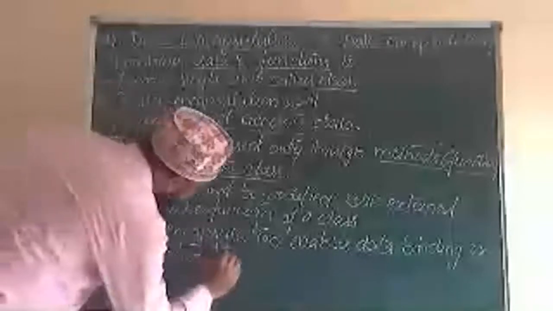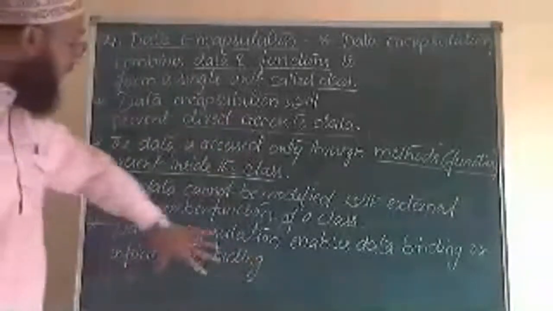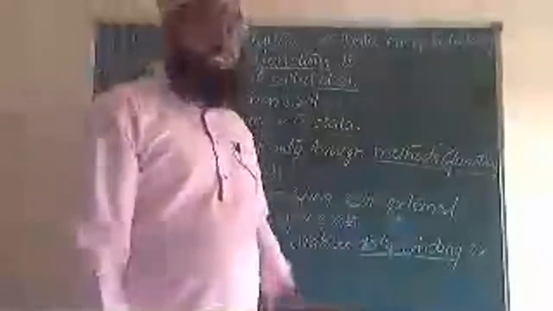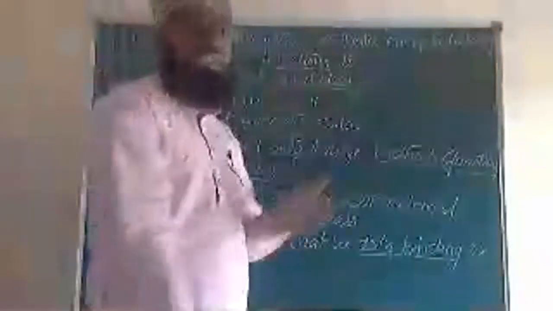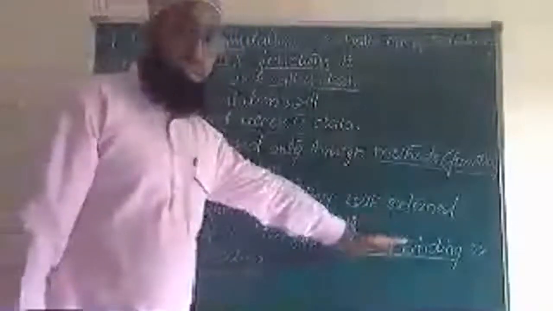It will help to hide the information. And data binding, what is data binding? This can be explained in the next explanation. Among the characteristics, data binding is there. If I define data binding there, then you will come to know what it is. Remember that data binding is here. Data encapsulation enables data binding and hiding of information.